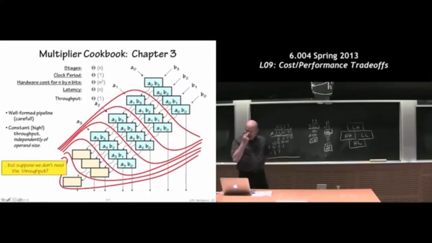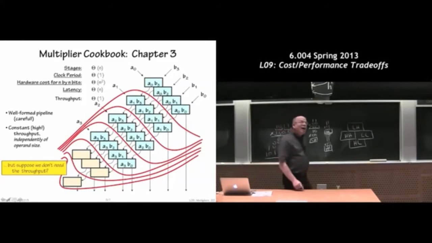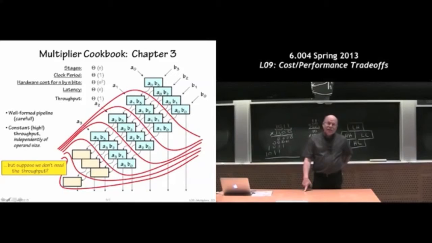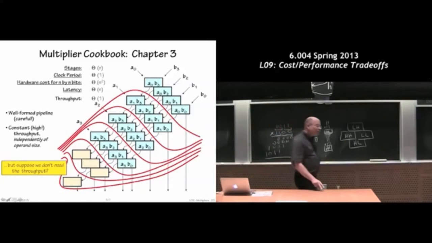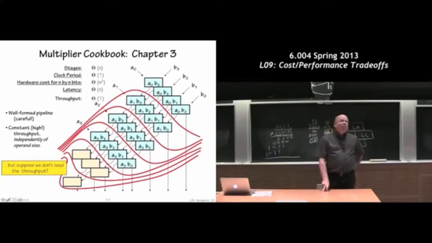Suppose we said, okay, I'm much more interested in size than I am in throughput. If you think about our big problem here, is there a way I can think about this pipeline multiplier and say, well, I like it, but I only have a multiplication to do once in a while.